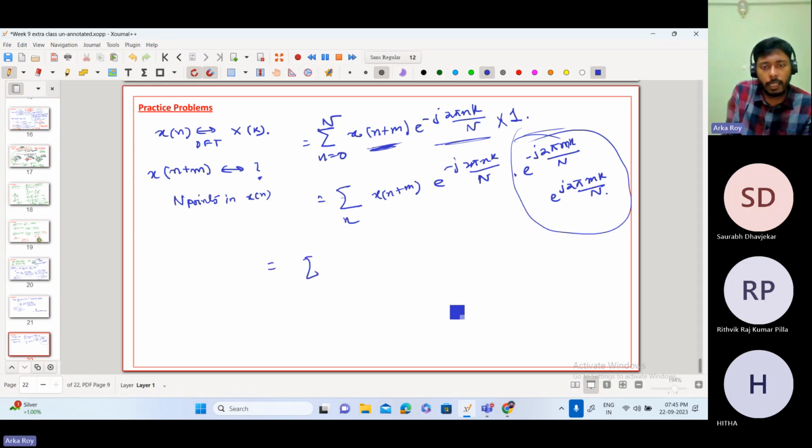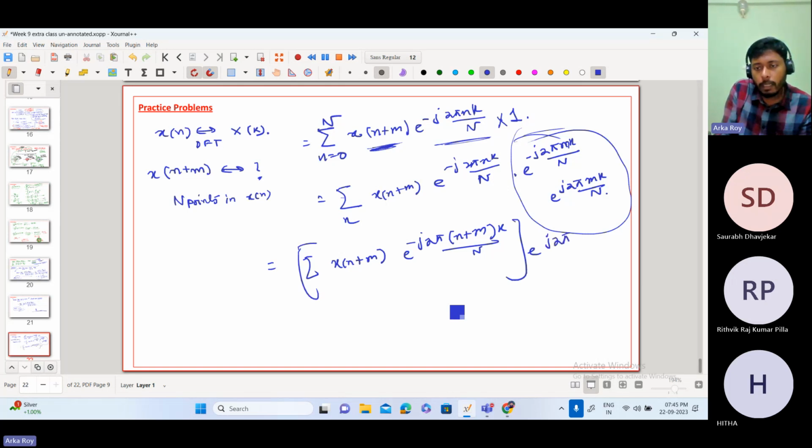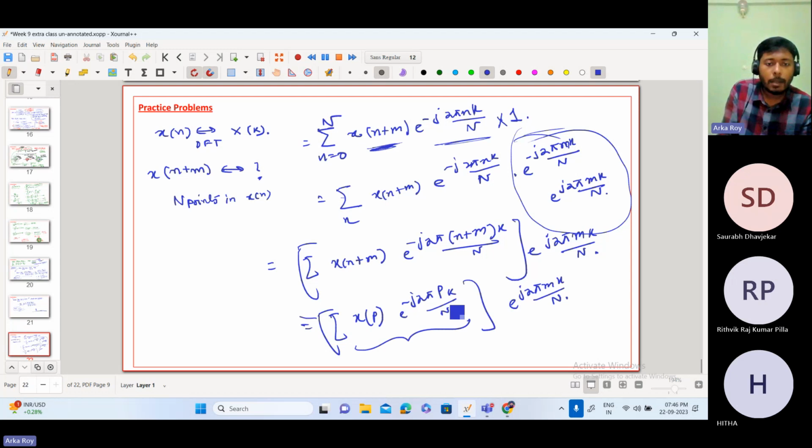Now if I take x of n plus m and e to the power minus j 2 pi (n plus m) k by N, and over here if I take e to the power j 2 pi m k by N, we can see that now I can just replace n plus m as p: e to the power minus j 2 pi p k by N, and it will be e to the power j 2 pi m k divided by N. So this has a matching relation with X of k.